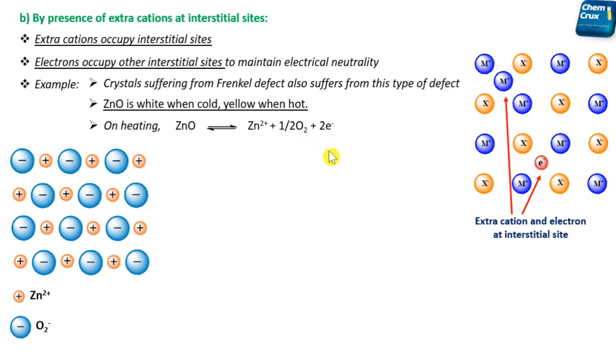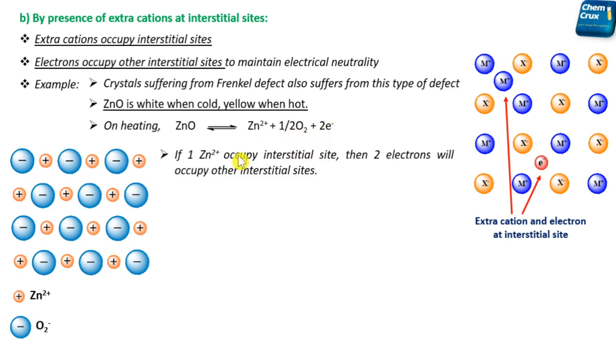Now suppose one Zn2+ occupies one interstitial site. Then to balance the +2 charge of that Zn2+, 2 electrons must occupy other interstitial sites. Then only the overall electrical neutrality will be maintained, right?